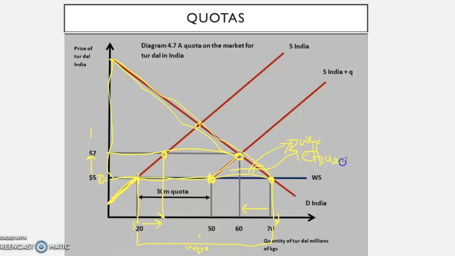So all of this is because of efficiency. So this triangle here, looks like an equilateral triangle, represents the deadweight loss both for the producers and also for the consumers.